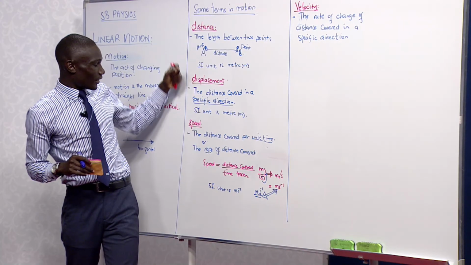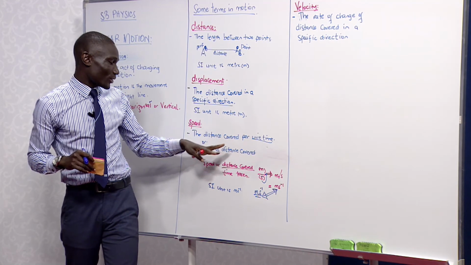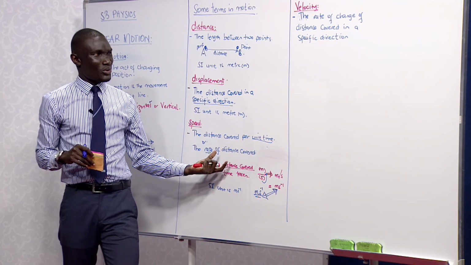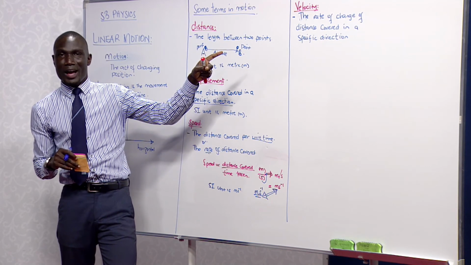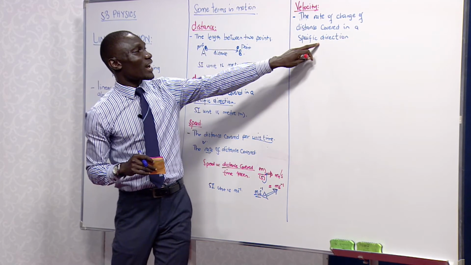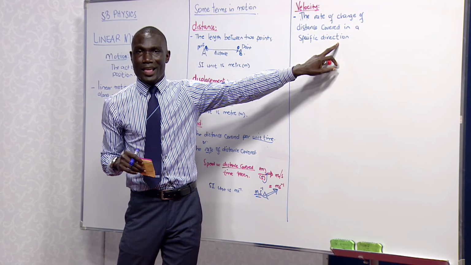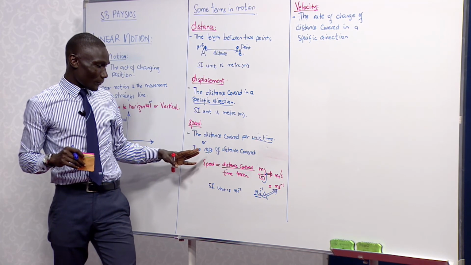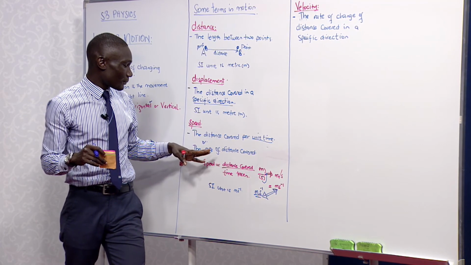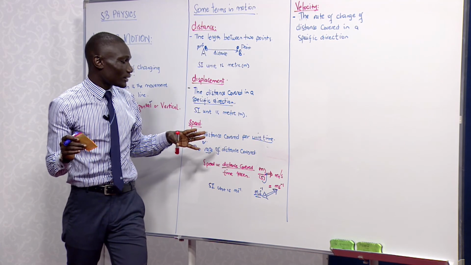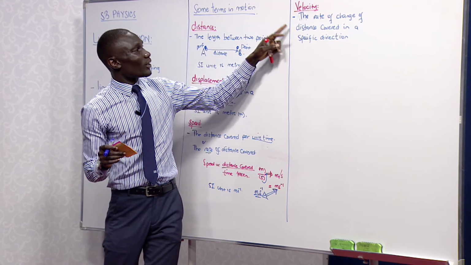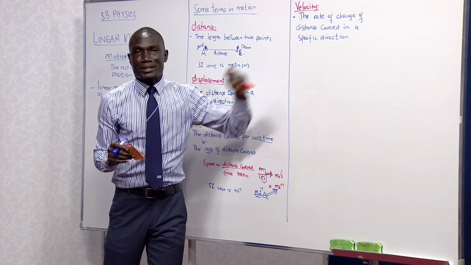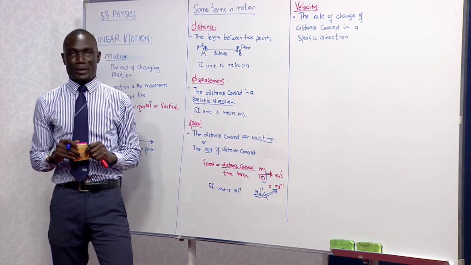Now remember, we defined speed as the distance covered per unit time, or the rate of distance covered. What do you notice is new here as far as velocity is concerned? There is an aspect of direction which is coming in that was not there in speed. Speed is the rate of distance covered, but velocity is the rate of change of distance covered in a specific direction.